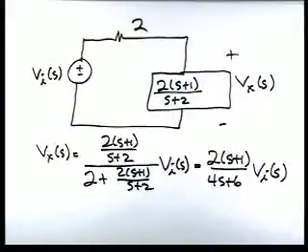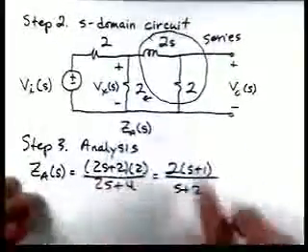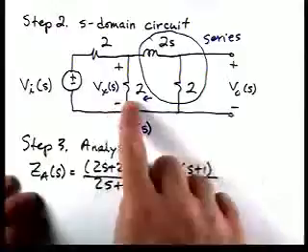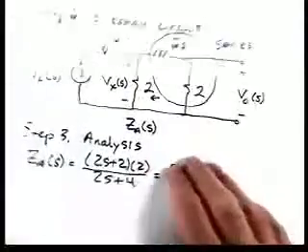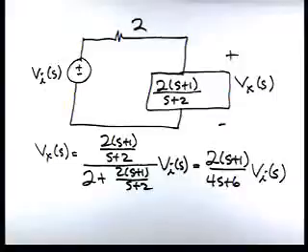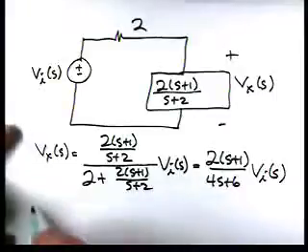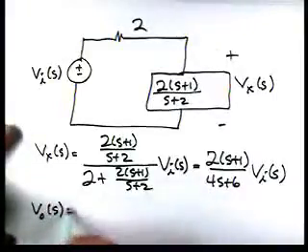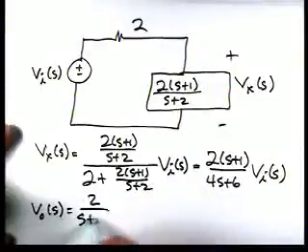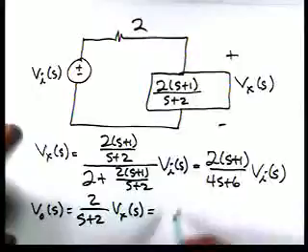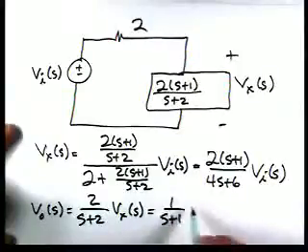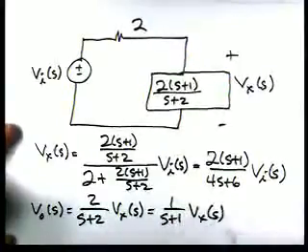Now if we go back to our circuit, we can get V0 in terms of Vx because we basically have just a voltage divider. So V0 is 2 over s plus 2 times Vx, which is 1 over s plus 1 times Vx.